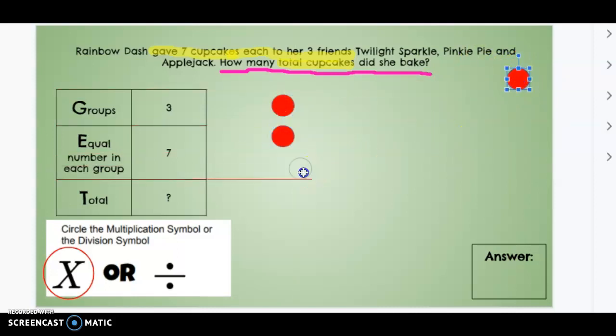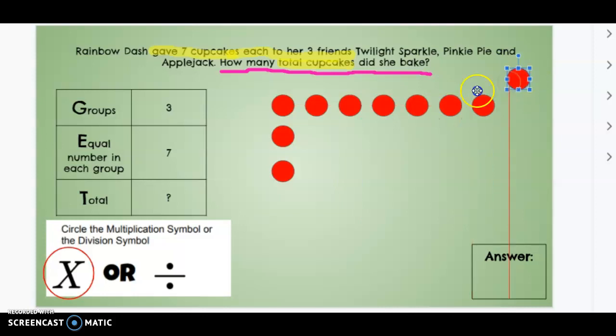My 3 friends, and each friend got 7 cupcakes. So they already have 1, 2, 3, 4, 5, 6, 7. Okay?